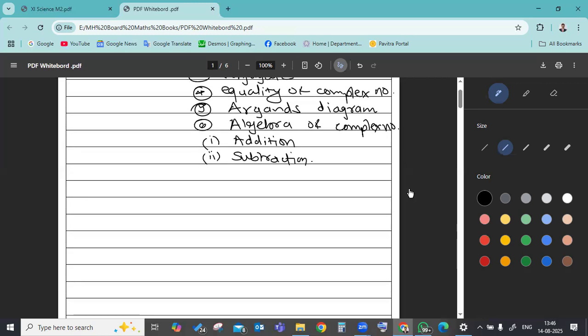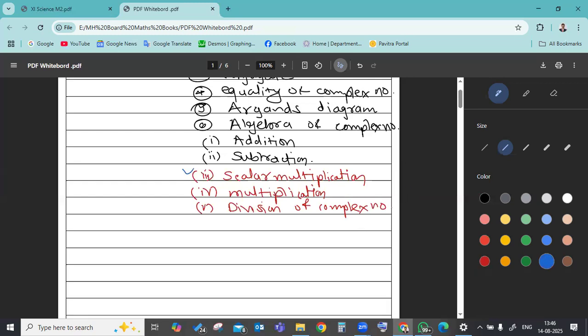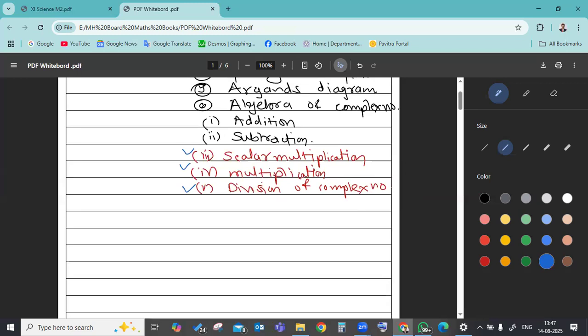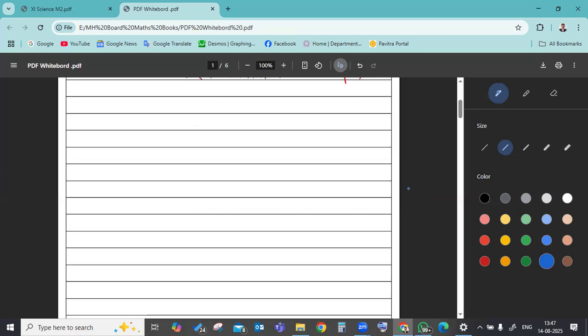Now today we will study scalar multiplication of complex numbers. Then we study multiplication. Then we study division of complex numbers. So these three important topics we will study today: scalar multiplication, multiplication and division. Okay. Let's start one by one.